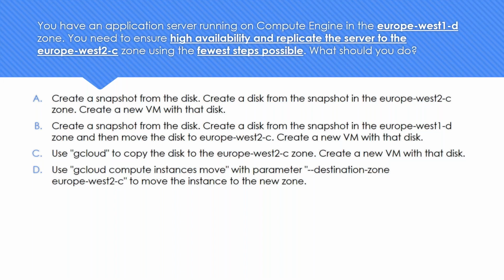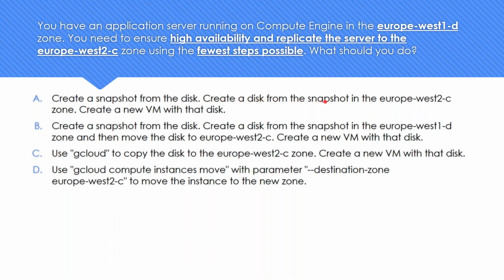All right, time up. Let's look into the options. If required, we can also do a demonstration if it's not very clear. So basically from Belgium, I want a Compute Engine to be available, replicate the server in London, London C zone. So create a snapshot from the disk. Okay, we can create it, and there's no downtime required also.